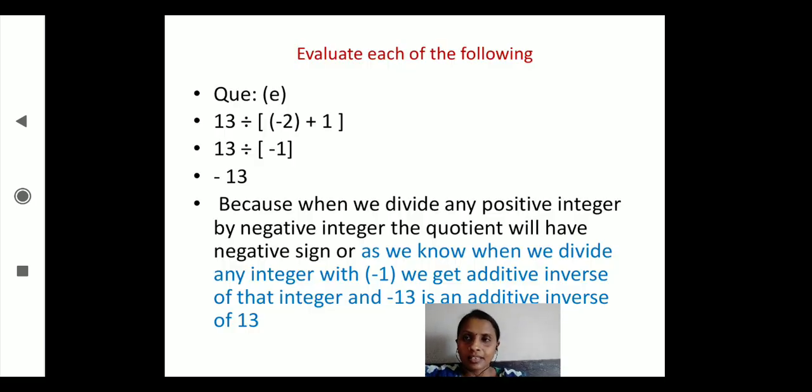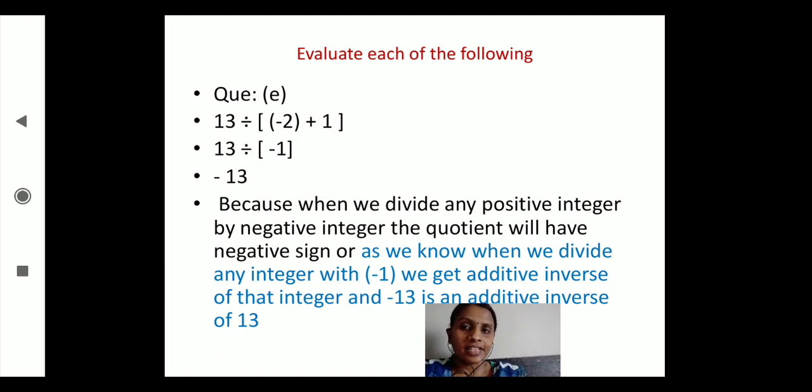My first sum is like this: 13 divided by (-2 + 1). Whenever you have this kind of question, first you have to do the addition. So -2 plus 1, the answer will be -1. Our second step is 13 divided by -1.